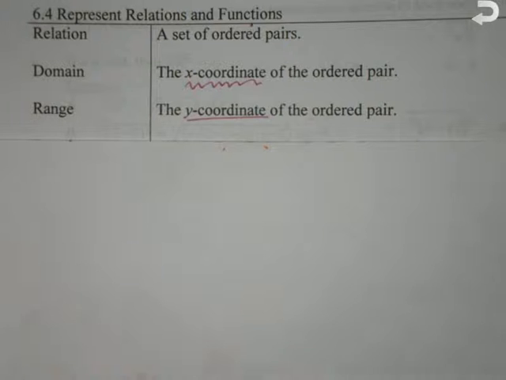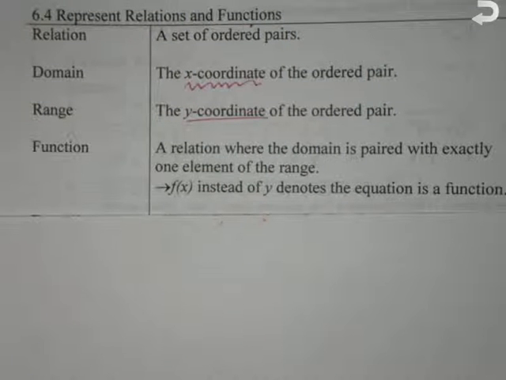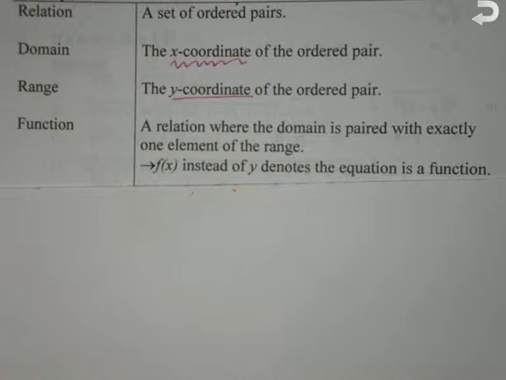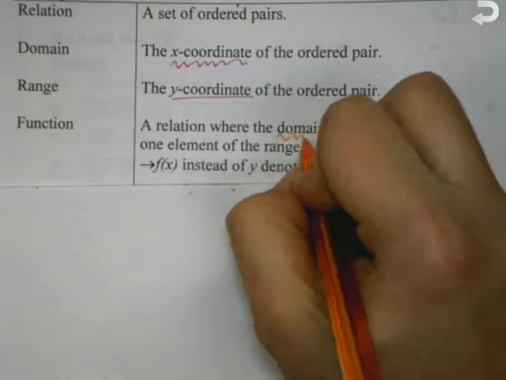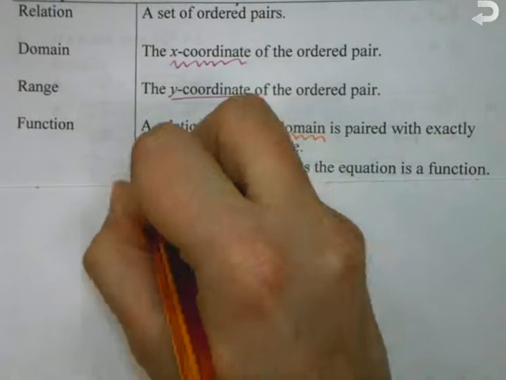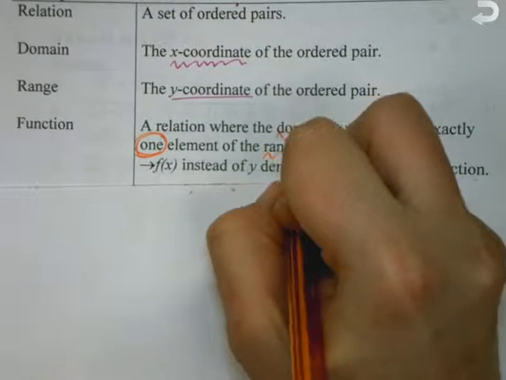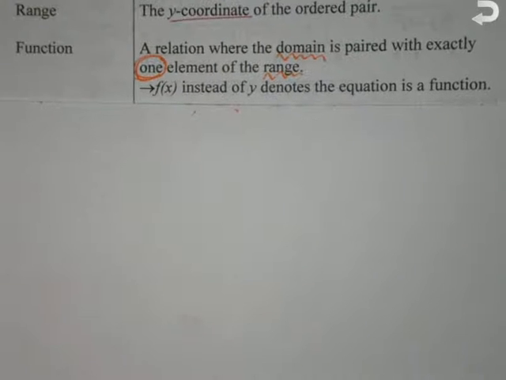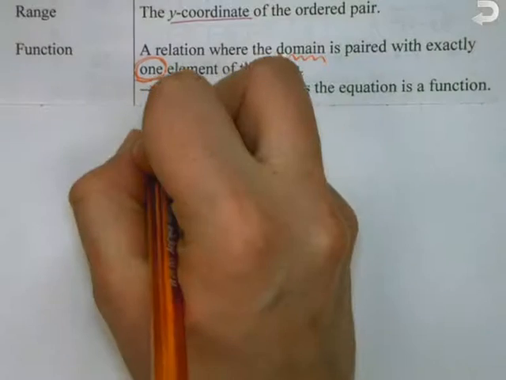All right, last definition is the definition of a function. A function is a relation where the domain is paired with exactly one element of the range. To denote a function, instead of using y, which we've been using before, now we're going to be using f of x.